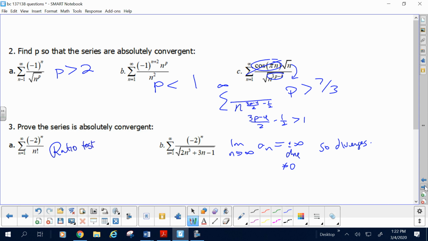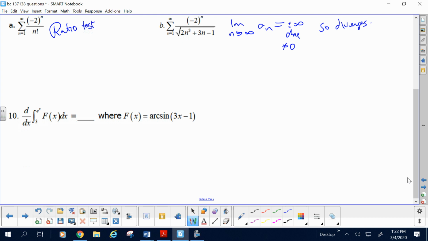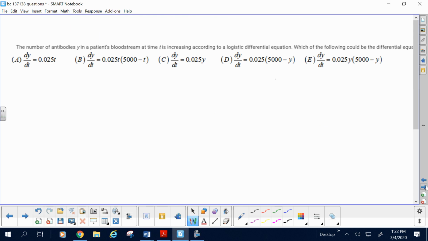All right, 10. How does something like arc sine of 3e to the x minus 1 times e to the x grab you? Oui, oui? Yeah. Okay, backside. The only ones that look anything close to logistic are B and E, yay?